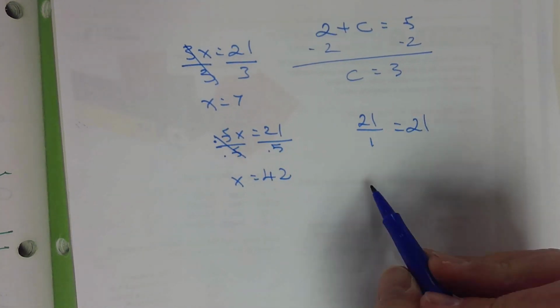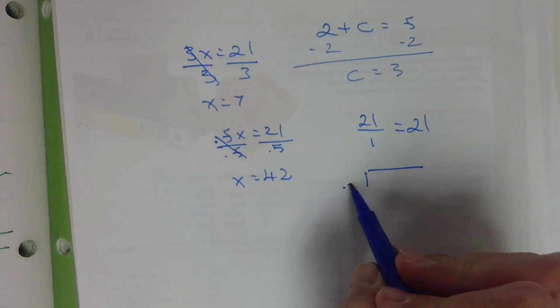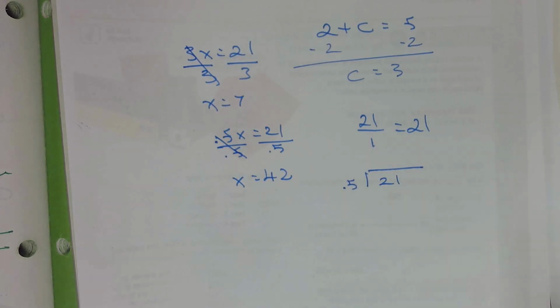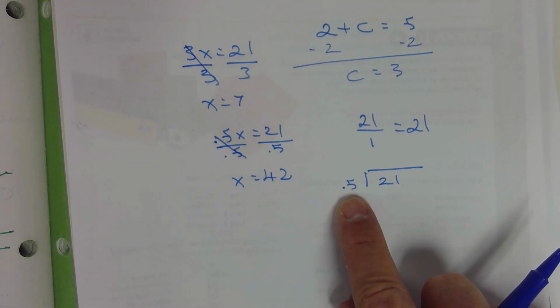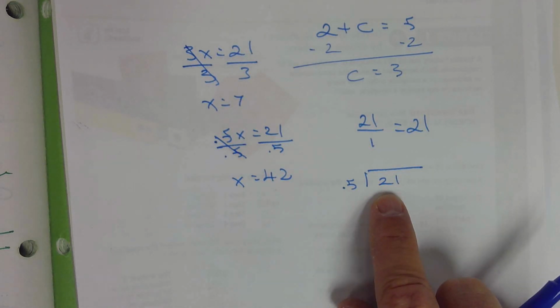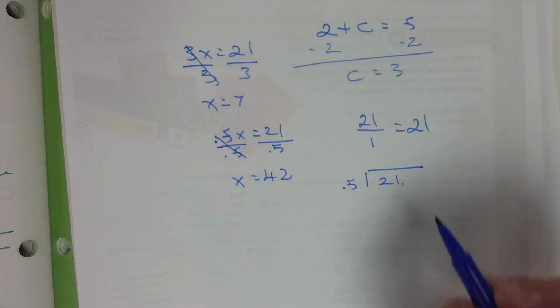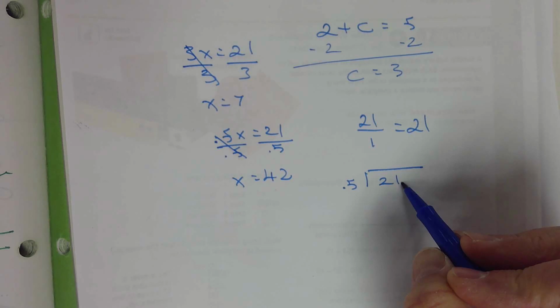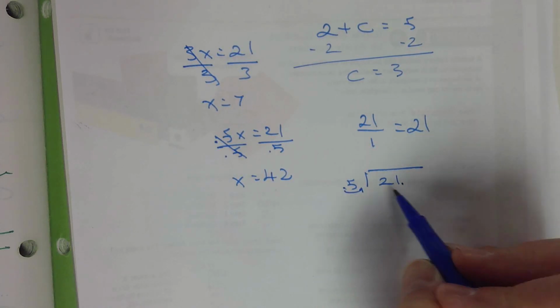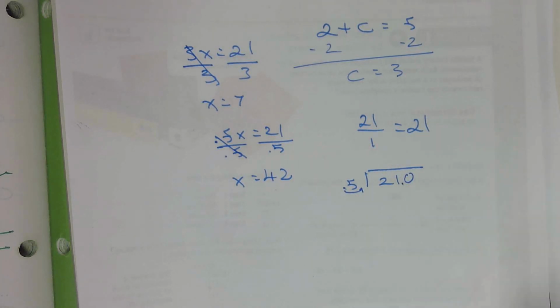And if you're not sure how to do that, I could just show you right here. Can you divide with the decimal? No, you got to get rid of that. So where's the decimal in 21? It's right there. So if I move this over, then I've got to move this one over, and I have to add a 0. All right?